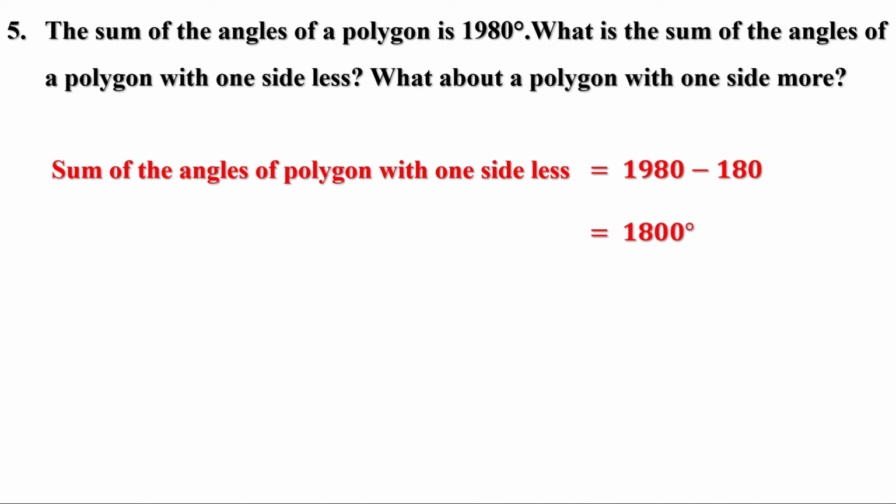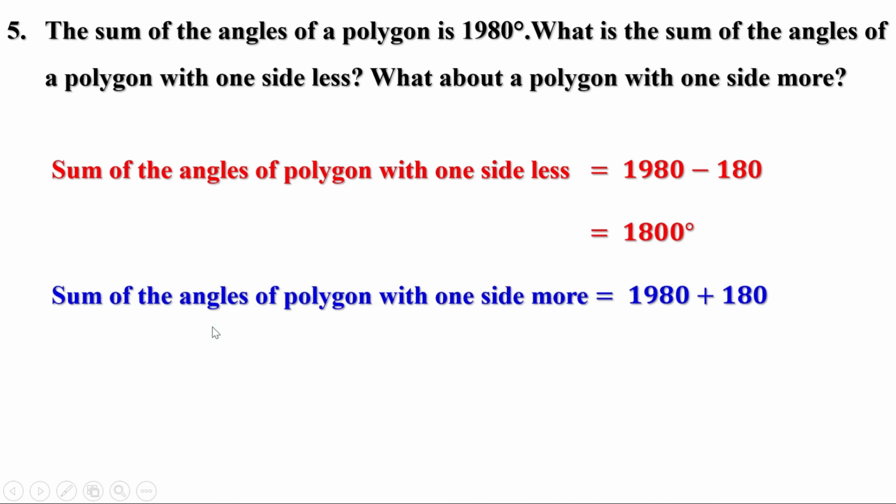When the number of sides increases by 1, the sum of the angles increases by 180 degrees. Therefore, the sum of the angles of a polygon with one side more is 1980 plus 180, which is equal to 2160 degrees.